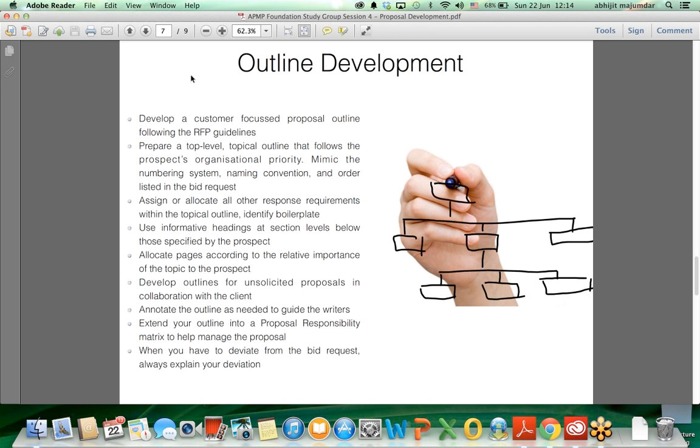The customer should have provided some numbering system; follow the same numbering system. If they are using a Roman numbering system, use the Roman numbering. If they are using an alphanumeric numbering system, follow the alphanumeric system. And also follow the same order as that provided by the customer.